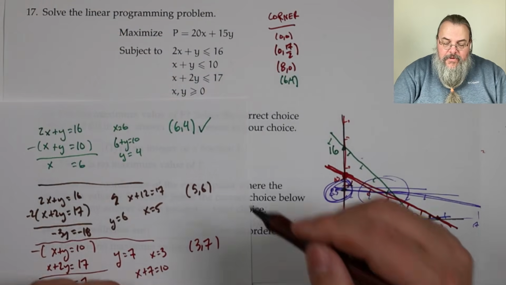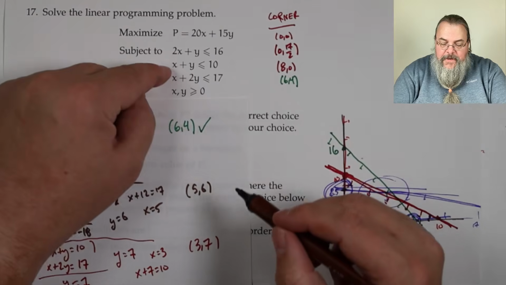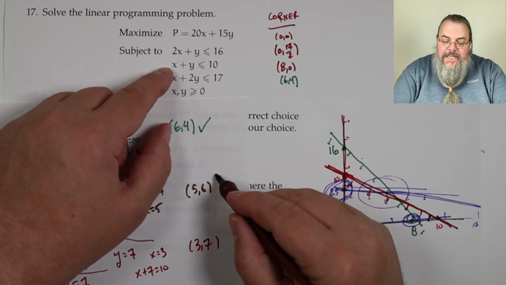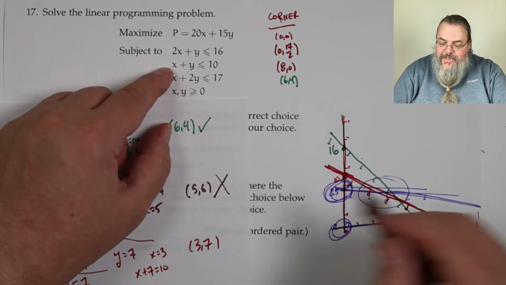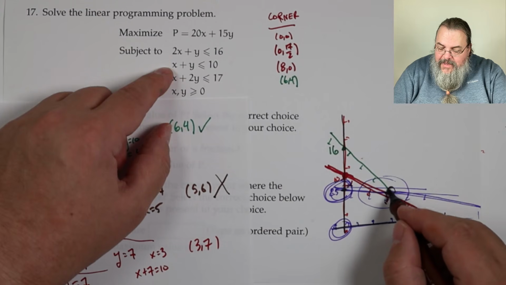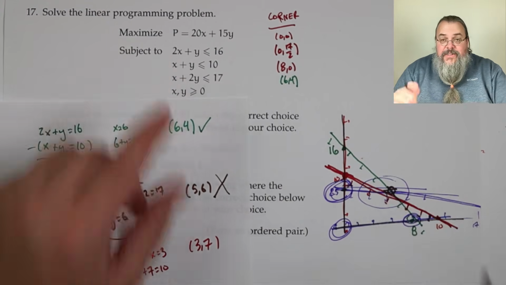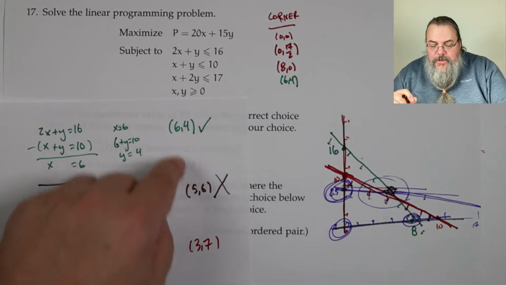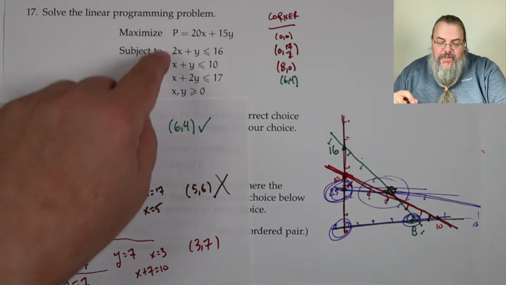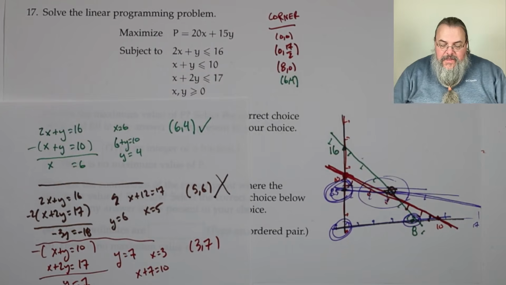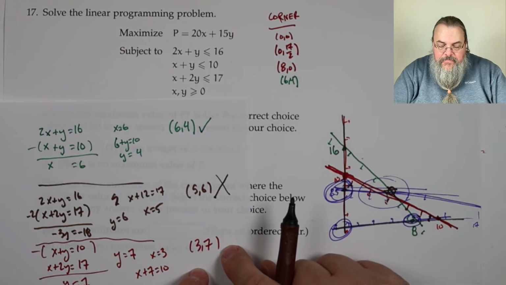Is 5 plus 6 less than or equal to 11? It is not. So that intersection is outside of our region. Anything which could be a potential corner, you can always just plug in and check whether it satisfies the inequalities.